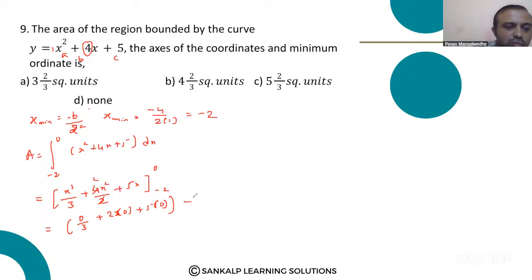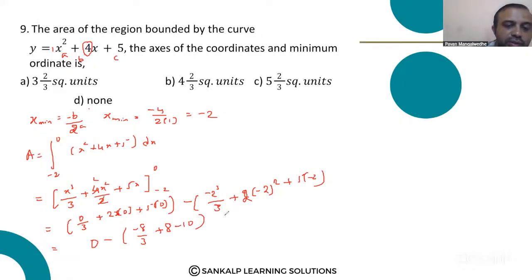So minus, minus 2 cube by 3 plus 2 into minus 2 square plus 5 into minus 2. The first expression wholly becomes 0. Minus 2 cube is minus 8 by 3, plus 2 into minus 2 square is 4, 4 into 2 is 8, then 5 into minus 2 is minus 10.